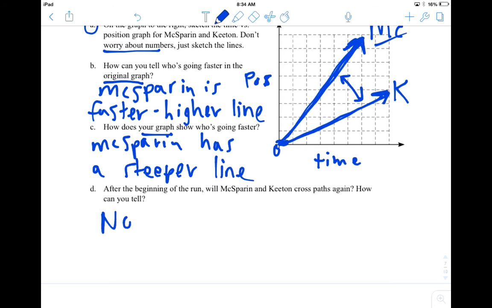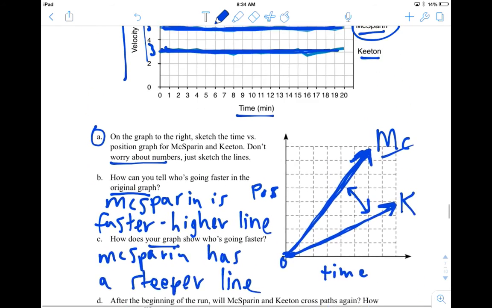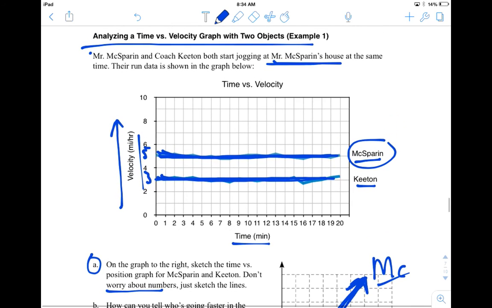So we're going to say no, and the reason is their lines will never cross.